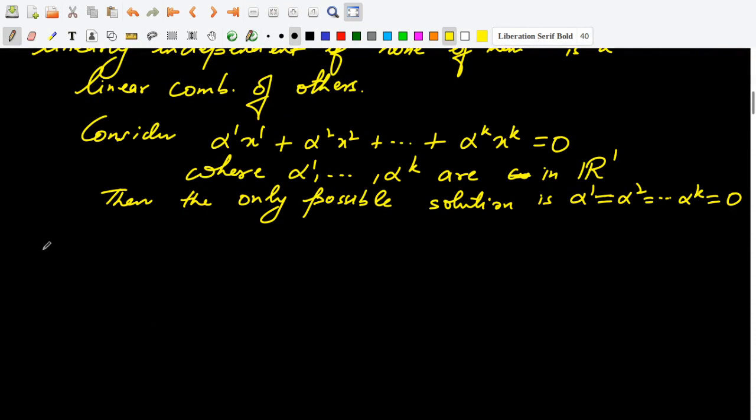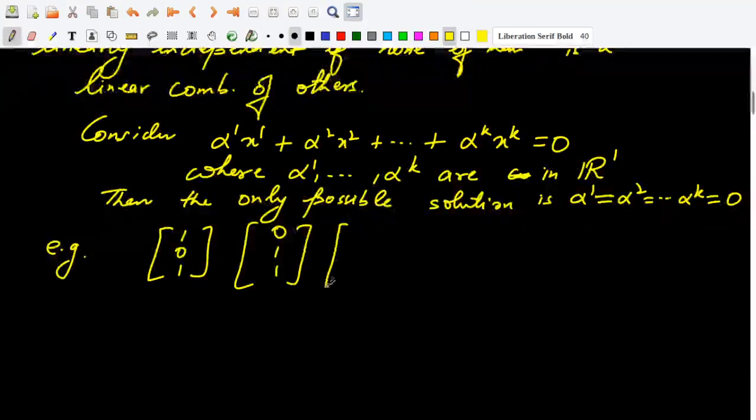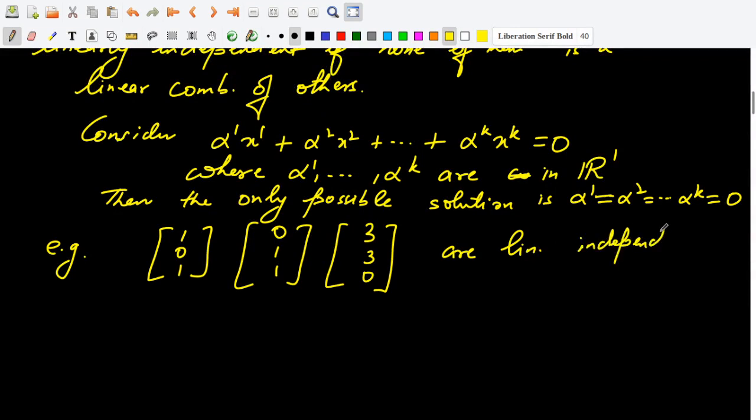You can verify yourself very easily using this definition that (1, 0, 1), (0, 1, 1) and, let's say, (3, 3, 0) are linearly independent.